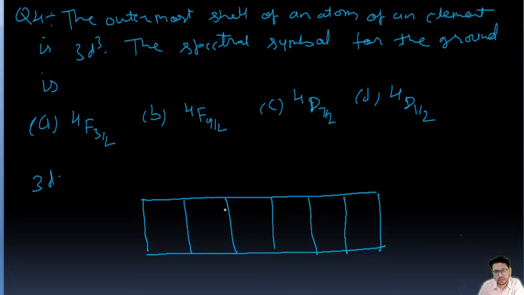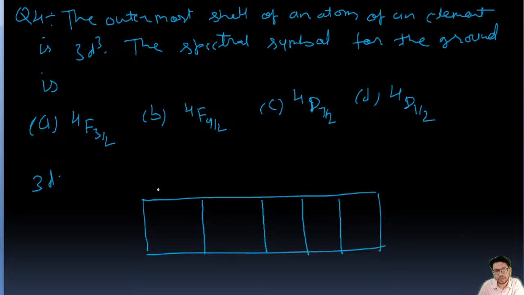Okay, 5 orbitals. 1, 2, 3, 4, 5. Okay, so these are the ml values: minus 2, minus 1, 0, 1 and 2.